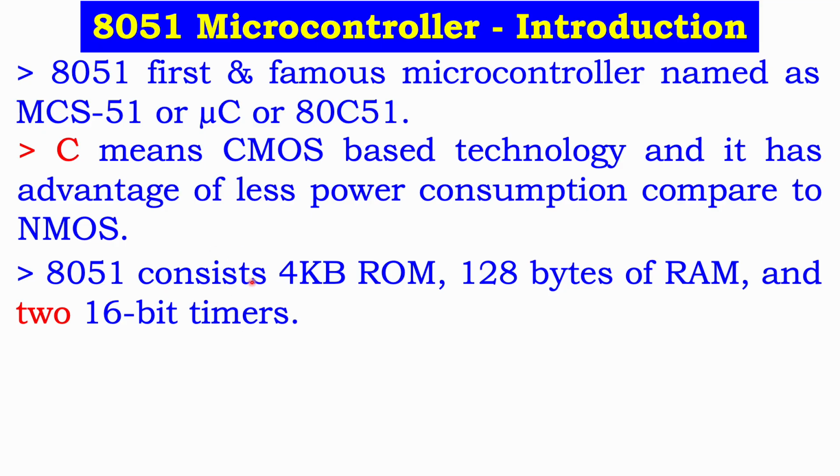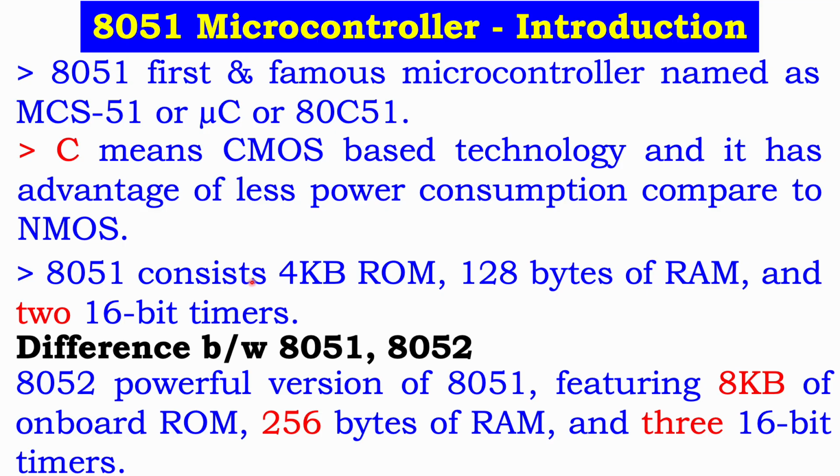So this is the second point about the 8051 microcontroller. Now the next point: there are two different versions of the controller, one is 51, next is 52. The 52 is the powerful version of the 8051, with increased capacity of ROM and RAM in the 8052 version.